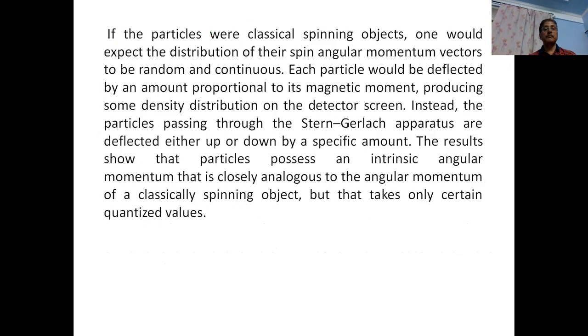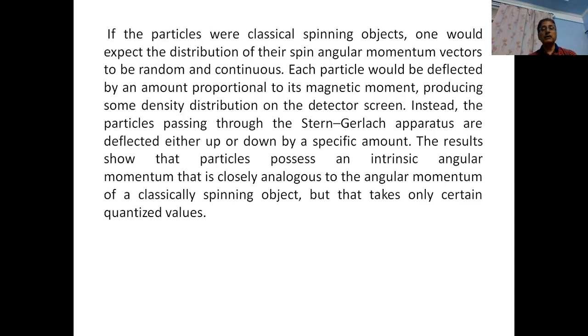Now, if the particles were classical spinning objects, what would one expect? Then one would expect the distribution of their spin angular momentum vectors to be random and continuous. Each particle would be deflected by an amount proportional to its magnetic moment, producing some density distribution on the detector screen. Instead, the particles passing through the Stern-Gerlach experiment are deflected either up or down by a specific amount.